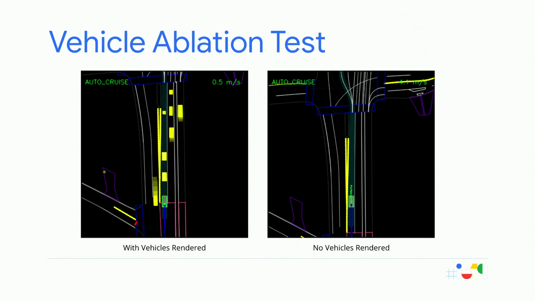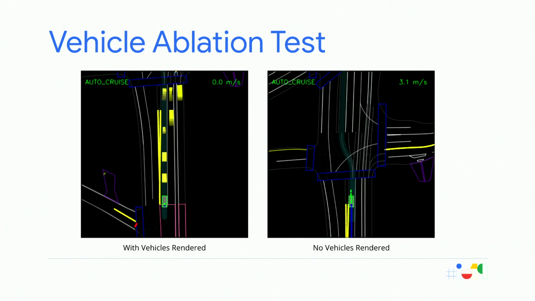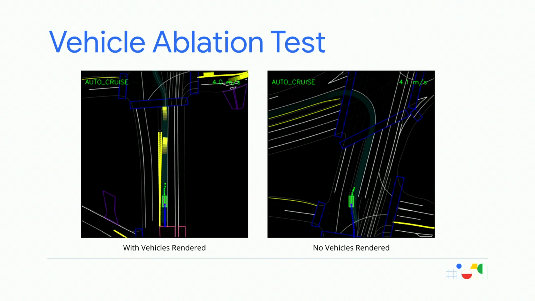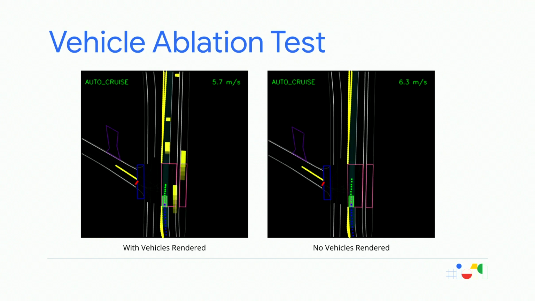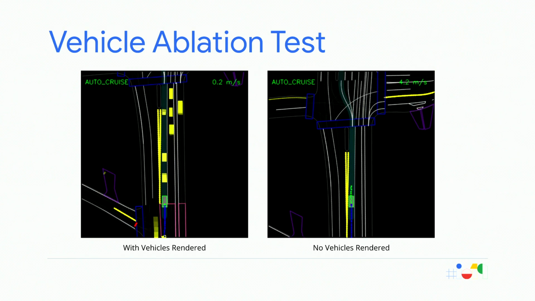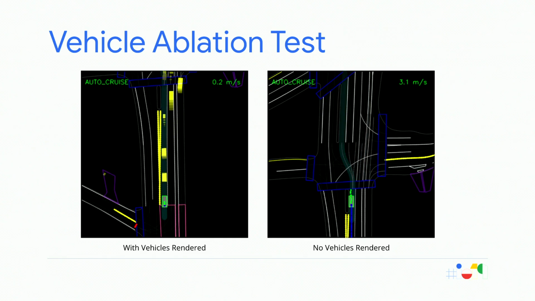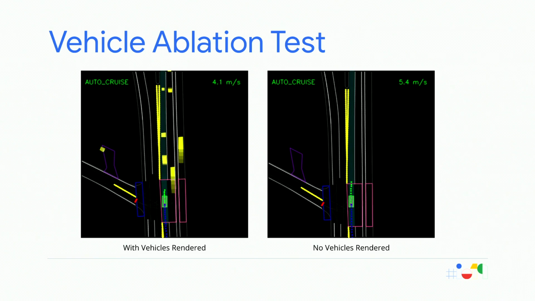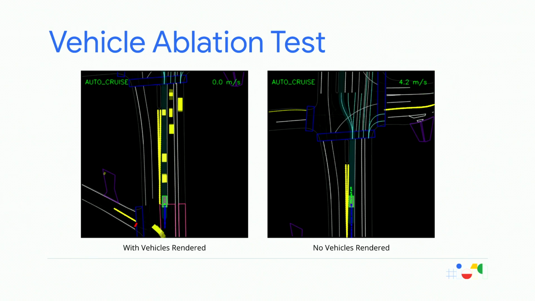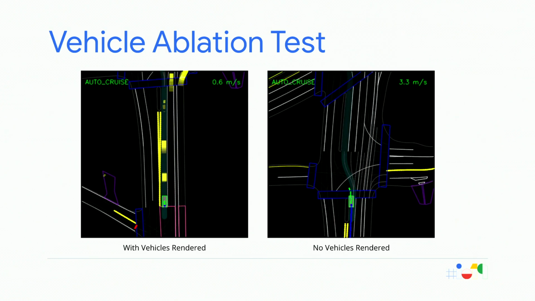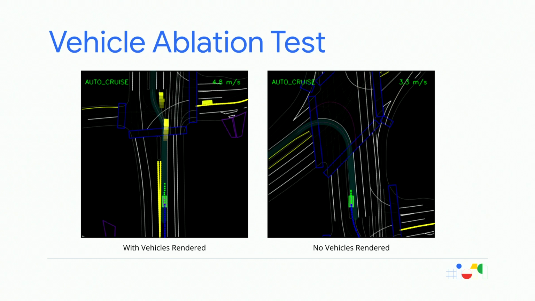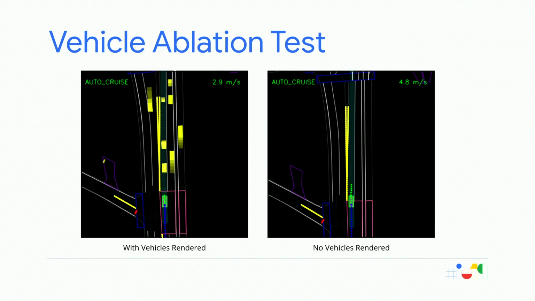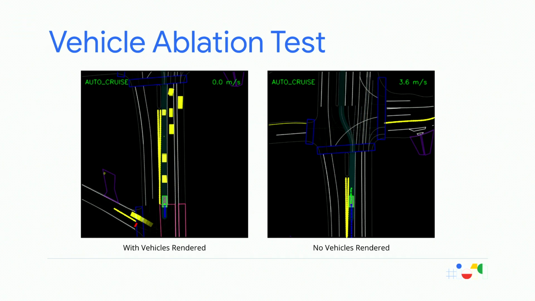Once again, if we focus on these videos one by one, on the left, the car sees these stopped cars, it waits behind, and it does a stop and go as expected. On the right, in the absence of any traffic, it behaves in a completely different manner because there's no reason for it to stop for anything, which shows that the agent has really learned what we intended for it to learn.